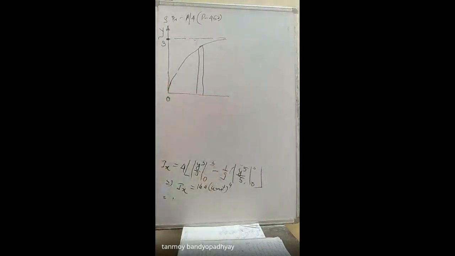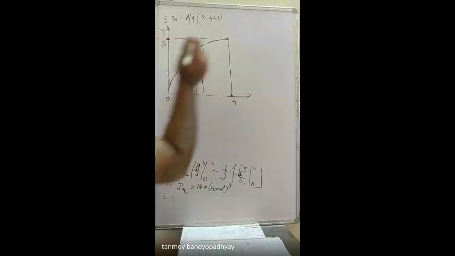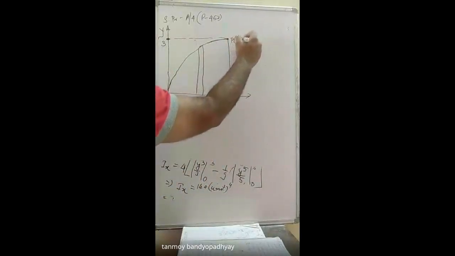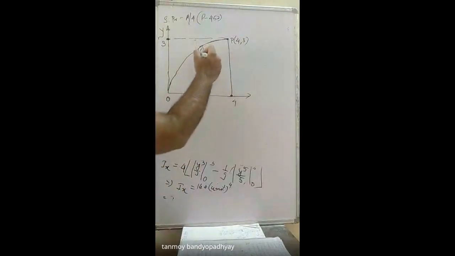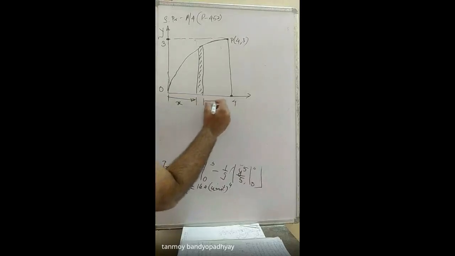Okay? So this was 4. What else? So this was a point P having coordinates P 4,3. Like how we consider a vertical element, we consider a vertical elemental area at a distance of small x from the origin and of thickness dx.